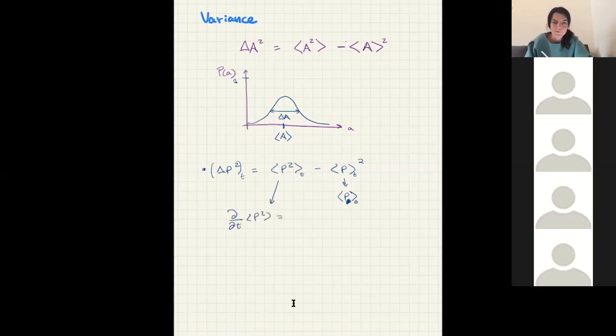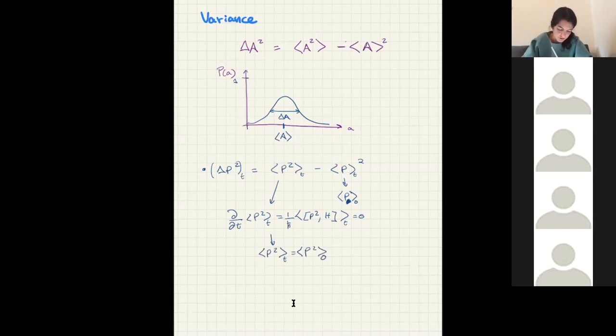This is just 1 over h bar of the commutator of p squared and the Hamiltonian, but the Hamiltonian is itself just p squared. So this is just going to be 0. So this does not change in time, which means that p squared at time t is just the initial p squared.